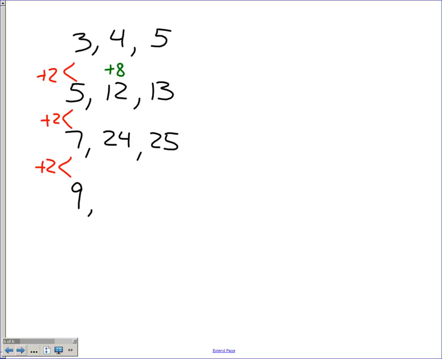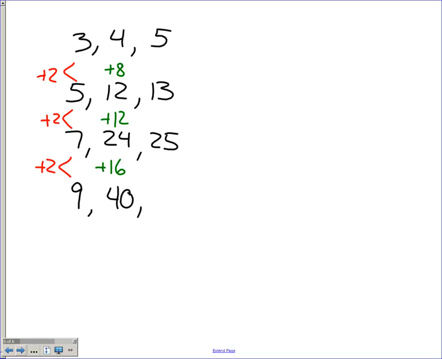From 12 to 24, that's plus 12, not 16. That makes it work a little better. So maybe if we just add 8, then 12, then 16, let's go plus 16 right here, and make that a 40.